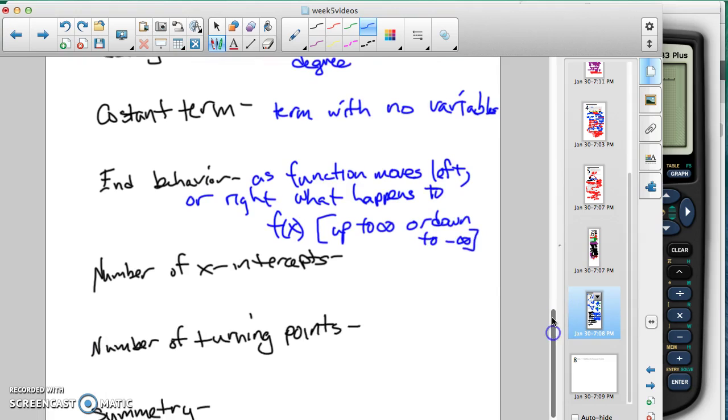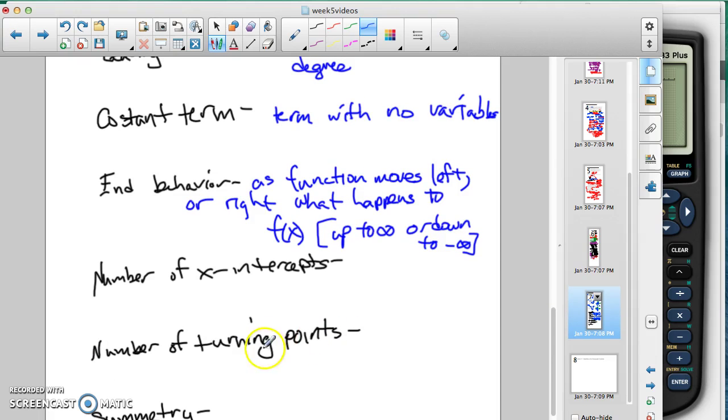Number of x-intercepts. On a general thing, there's going to be at most n, which is the highest power. So if we have a degree of at most n, and this is the highest power or the degree. So if we have a degree of 5, we have at most 5 intercepts.